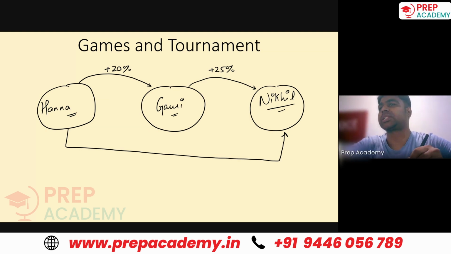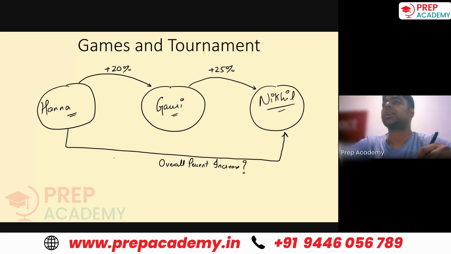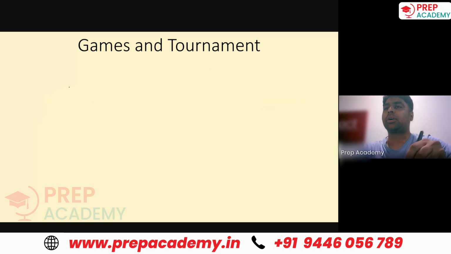So if the question is, what is the overall percentage increase in the costing of the item? In such a scenario, successive percentage is used. Now, before that, were you taught the concept of initial, change and final?